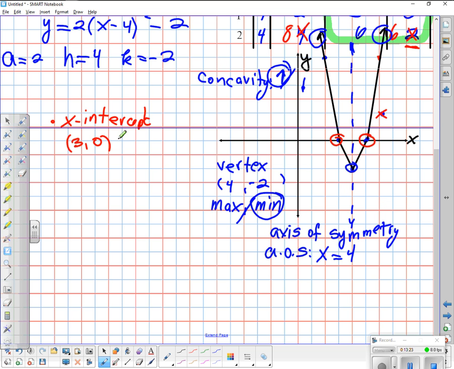Now the other point will be 1, 2, 3, 4, 5, 5 for the x value, and the y value will be 0. Now that's also known as the root. They're also known as the 0 values.